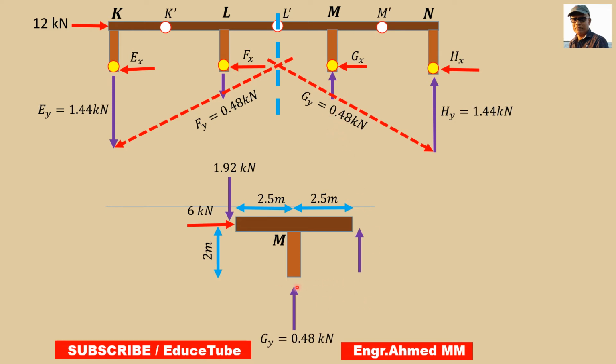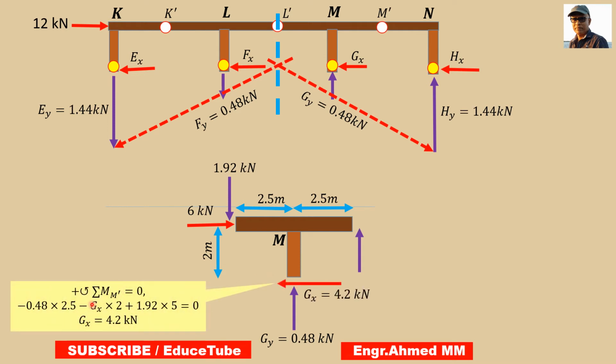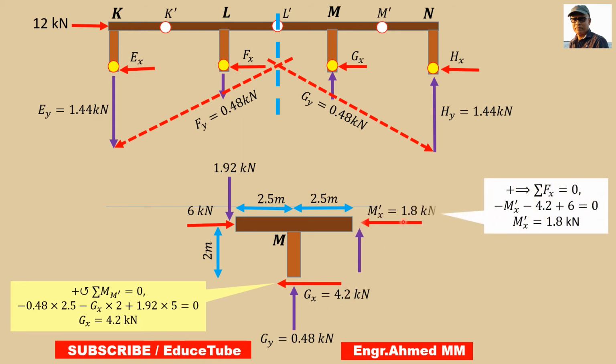Now we need to get the horizontal component at these points. So summing moment about this point, M prime, we get 0.48 multiplied by 2.5, this Gx multiplied by 2, and 1.92 multiplied by 5. Easily I got Gx equal to 4.2. Now let's go for the horizontal reaction component here.